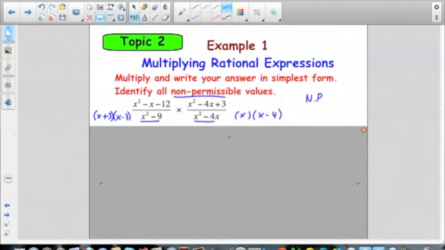So over here, we have a plus 3, so x cannot equal negative 3, because the opposite of plus 3 is negative 3. The opposite of negative 3 is 3. Then we have an x that's factored out, so x cannot equal 0, and then we have the opposite of minus 4, which is 4. Okay, so we got the non-permissibles.